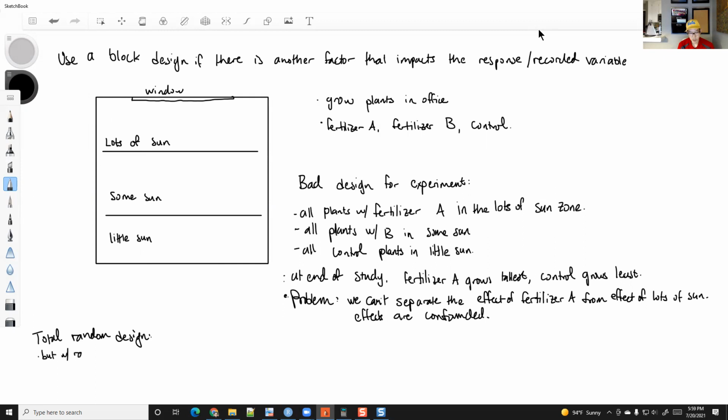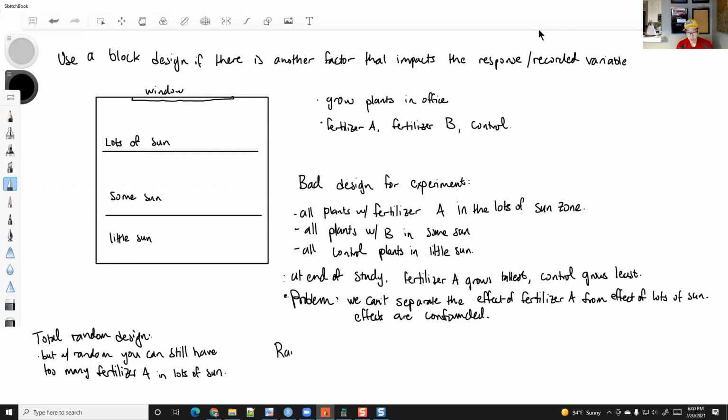With random, you can still end up with too many fertilizer A plants in lots of sun, and you can still see some kind of effect and not be sure why.